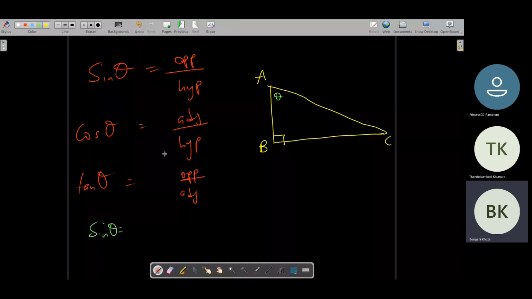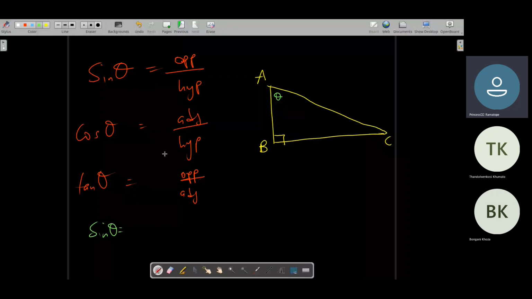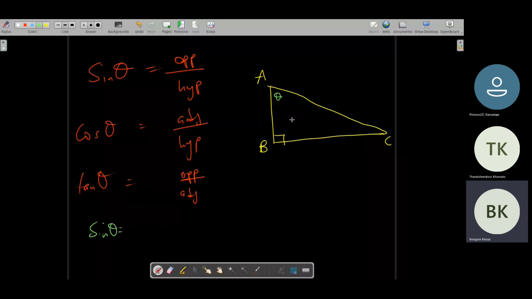Which side: AB, AC, BC? Opposite is BC, because this is overlooking that angle. So it should be BC over what's the hypotenuse?